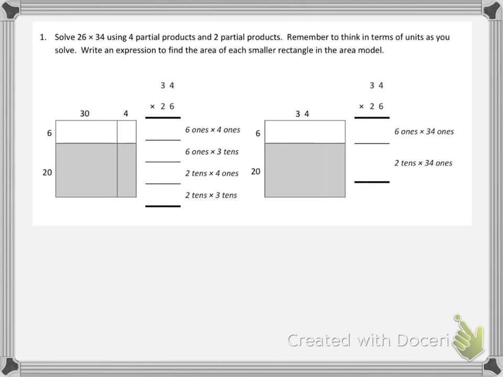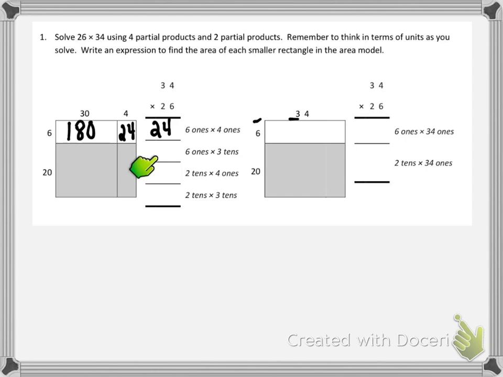What we're going to do first is we're going to solve 6 times 4. 6 ones times 4 ones is 24. Put 24. Then we take that 6 and we multiply it by that 30. 6 times 30, 180.